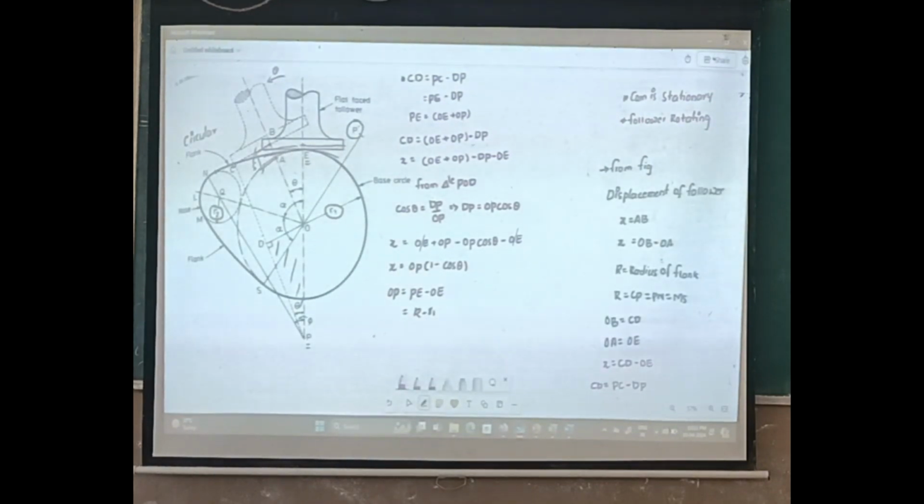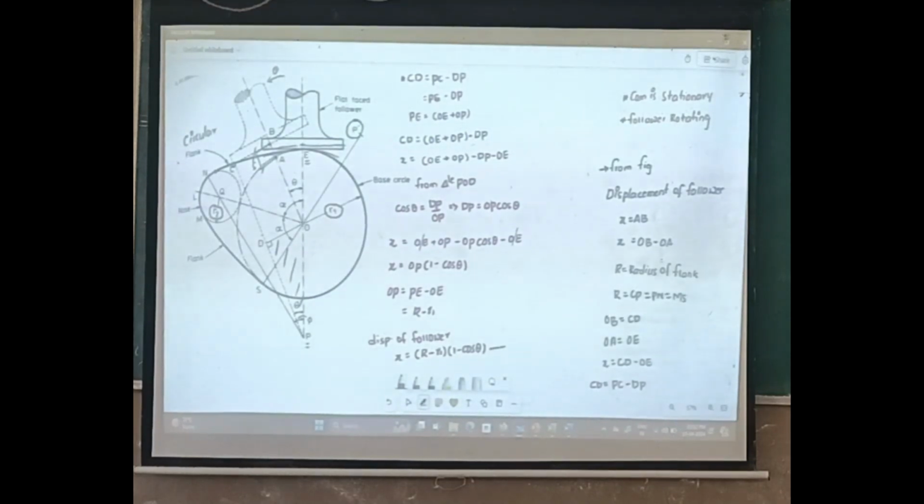Now displacement of follower x is equal to, in place of OP, capital R minus small r1 into 1 minus cos theta. So let it be equation 1.